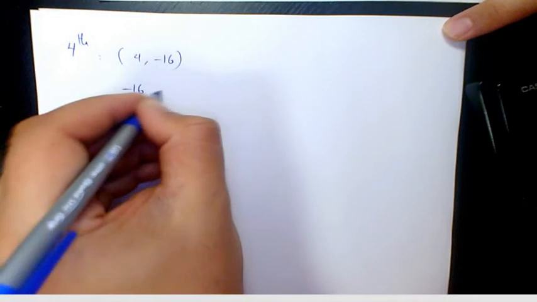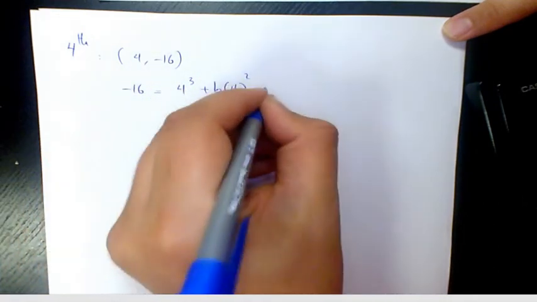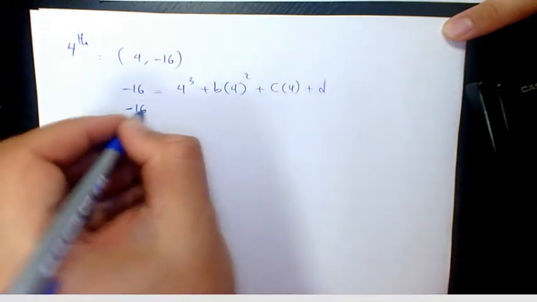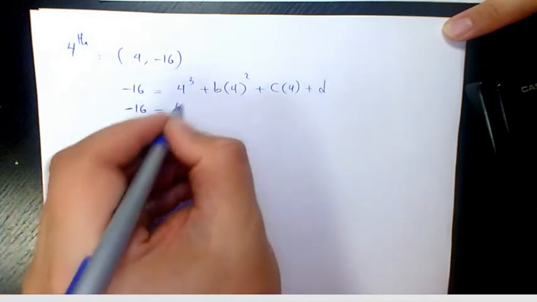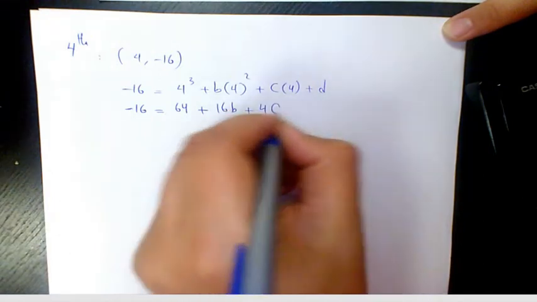Now, let's find out, for example, the fourth point, which is 4 and negative 16. That's going to be negative 16 equals 4 to the power of 3 plus b times 4 to the power of 2 plus c times 4 plus d. Negative 16 equals 64 plus 16b plus 4c plus d.